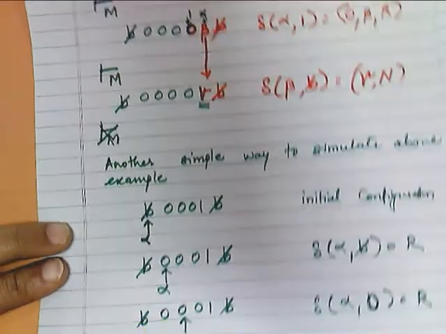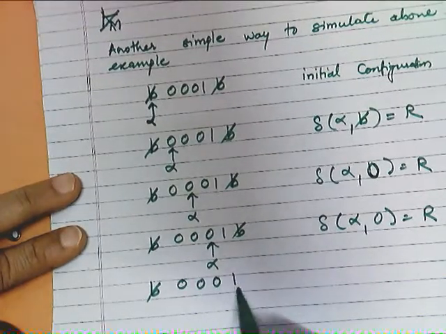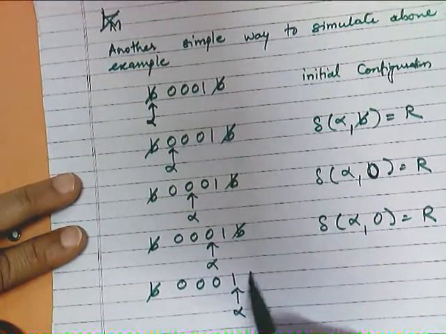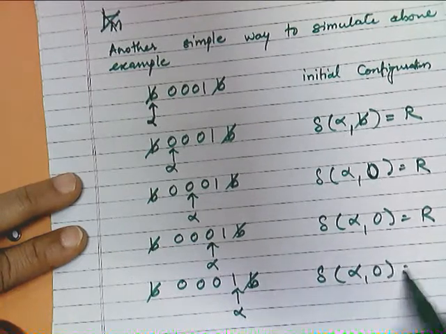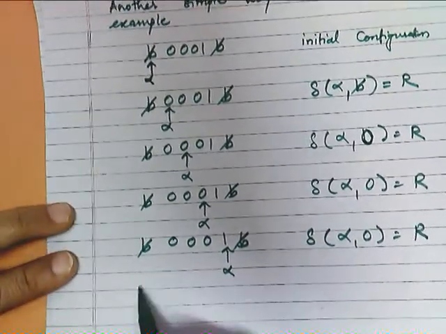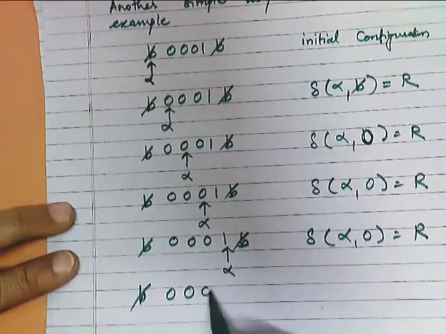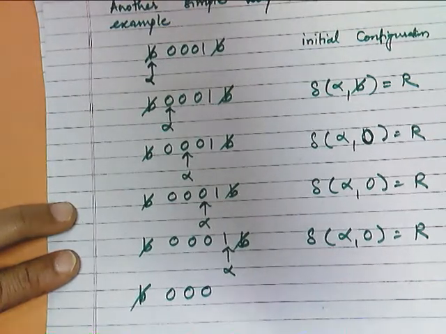Now again blank 0 0 0 1. Now your pointer or head will be on 1. This is again because you are having the same configuration or same representation in the ID. Next blank 0 0 0. Now this 1 needs to be updated to 0, as we have just seen.